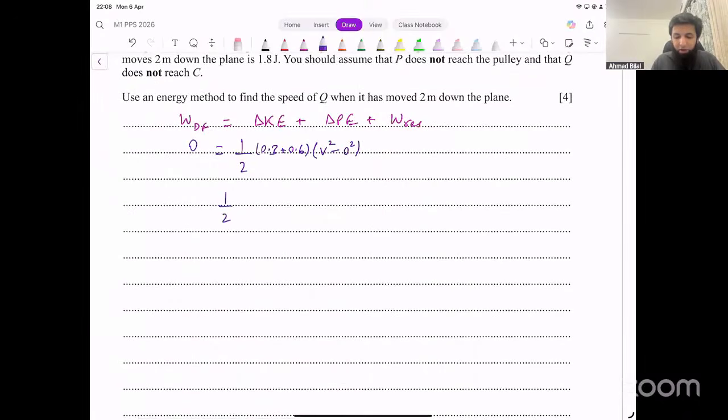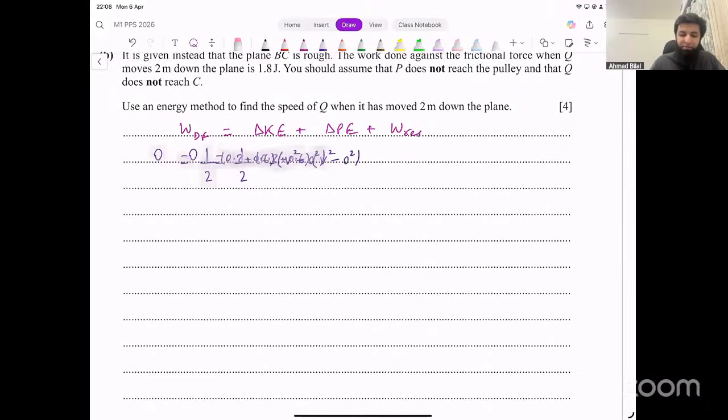So you could say 1 over 2 into 0.3 into v squared minus 0 squared for P, and then 1 over 2 into 0.6 into v squared minus 0 squared for Q. Both of these are fine. You can do any of them. So this is change in kinetic energy.